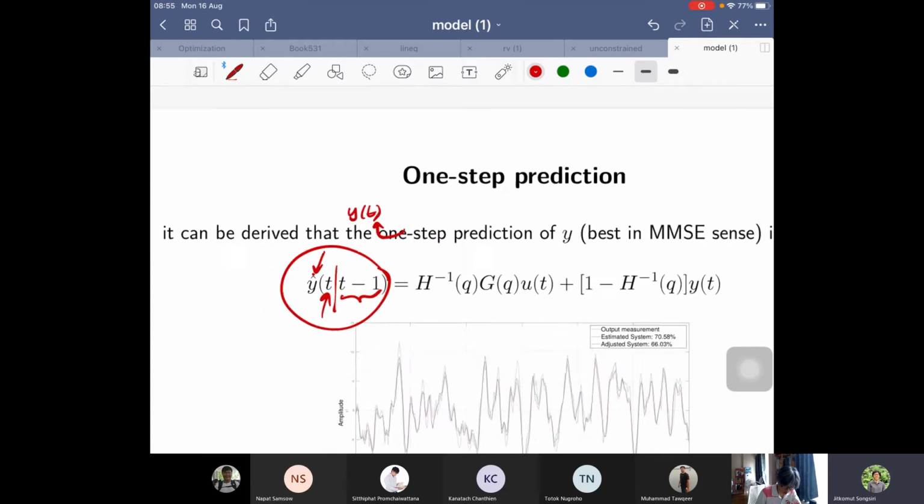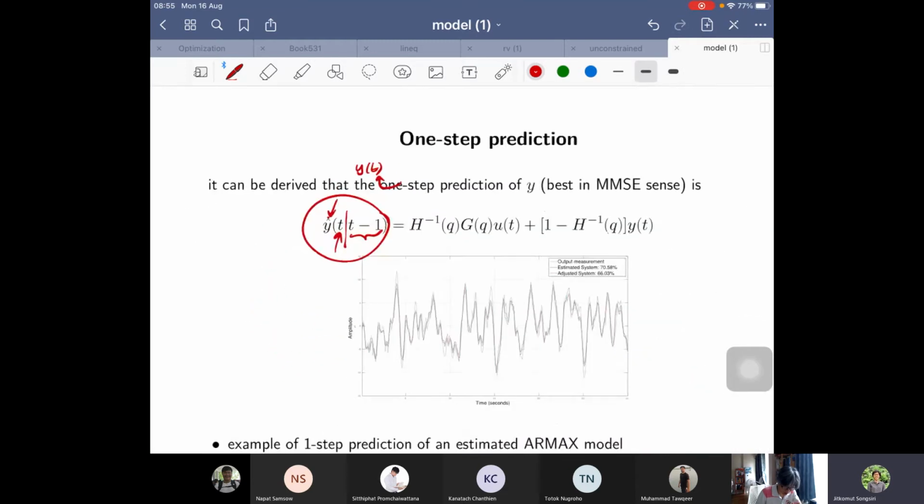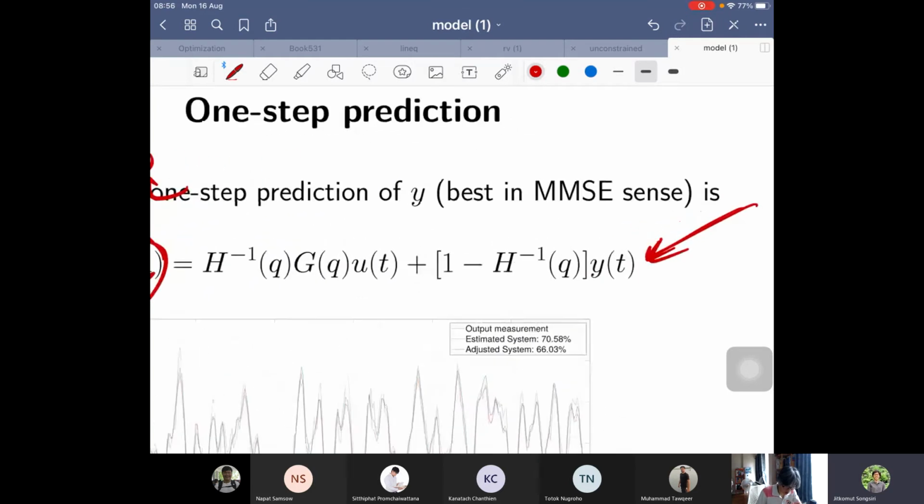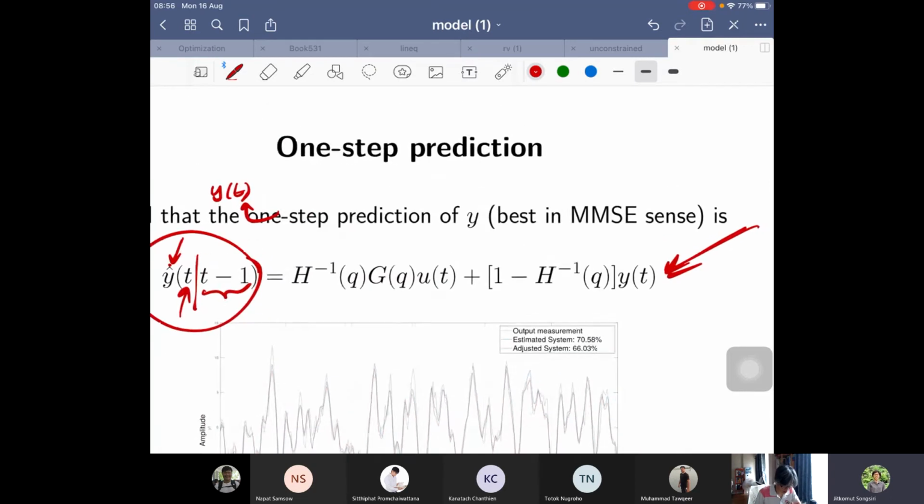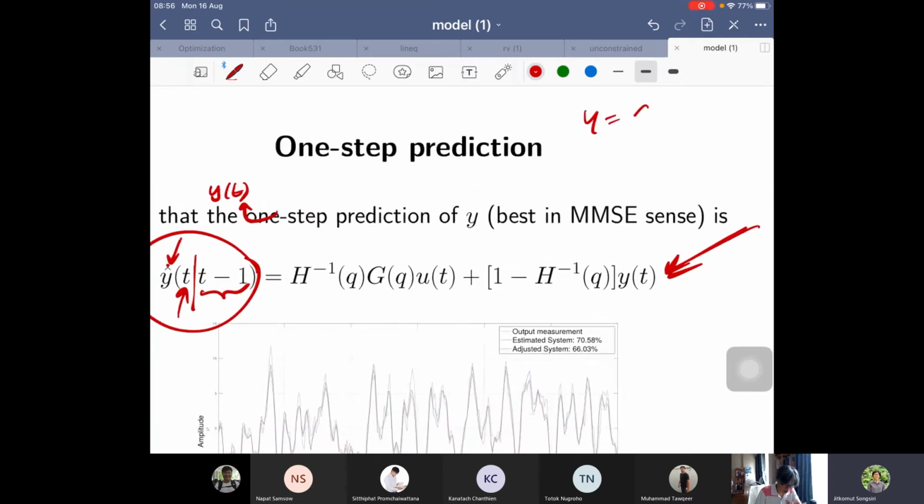Okay, let's take a look at the expression. There's going to be analysis behind this formula that we will explain in the subsequent chapters. But let me just give you the immediate result that if you have the general model structure, again, G and H are the transfer functions that you eventually estimate.